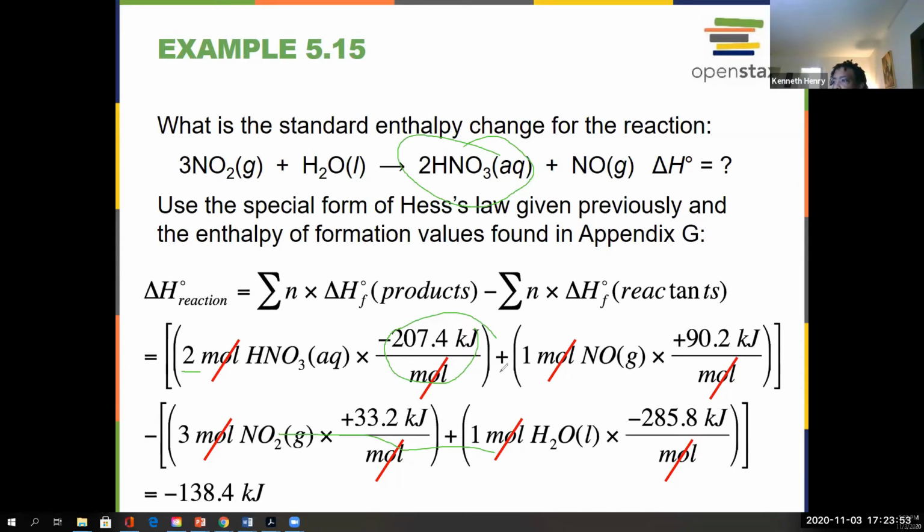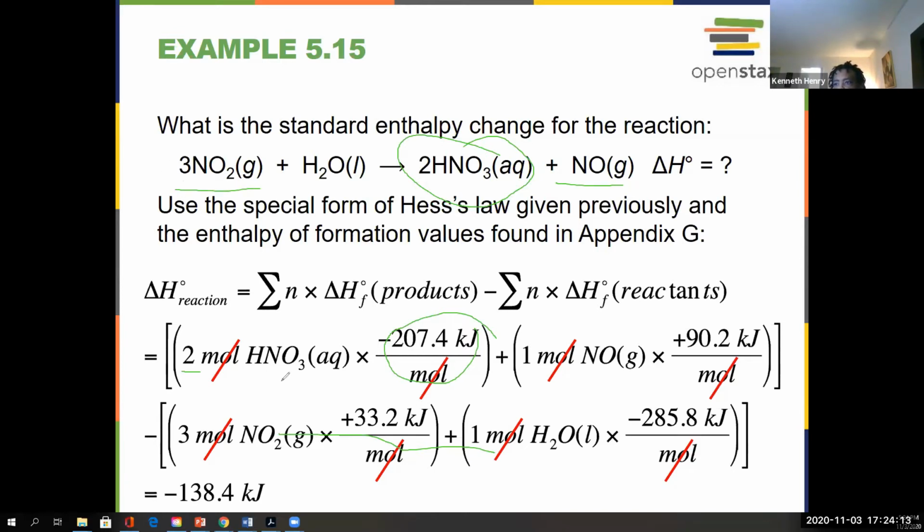And then we add that to the number of moles times the enthalpy associated with the carbon monoxide. And then we subtract our reactants.